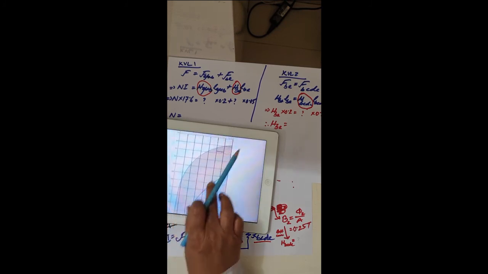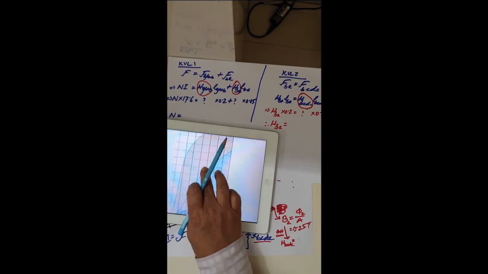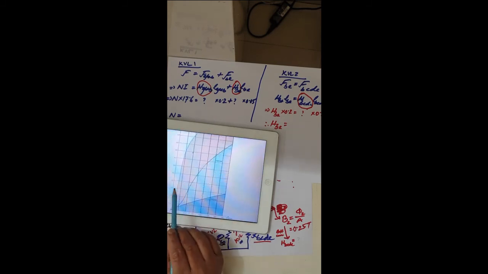So for the steel sheet, this is the last one. This is the curve for steel sheet, and for steel sheet if you go for 0.25, this is 0.2, this is 0.25. So 0.25 is half of it, and you go with that, and it's coming down here. It's almost 50.